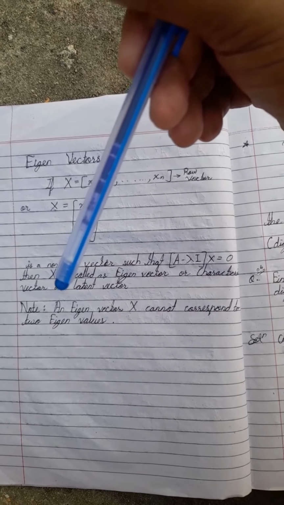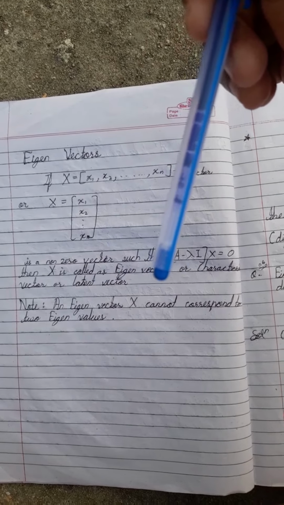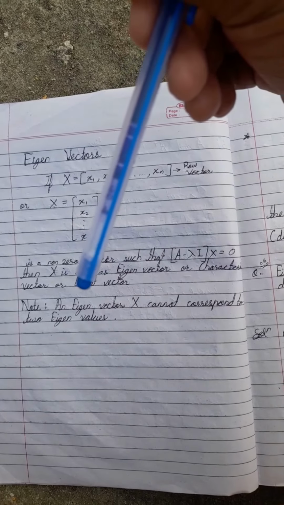Make a note that an eigenvector x cannot correspond to two eigenvalues.